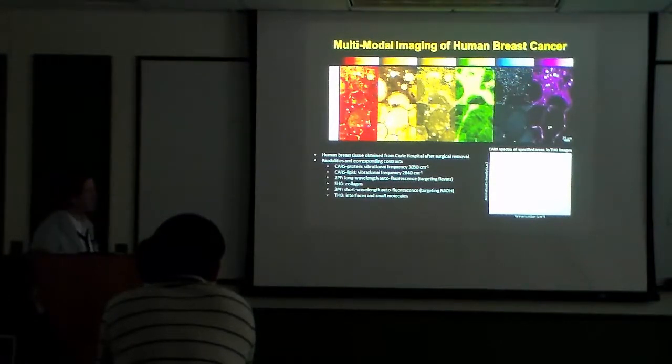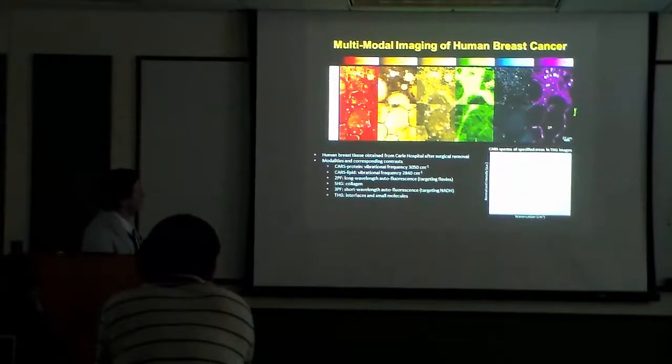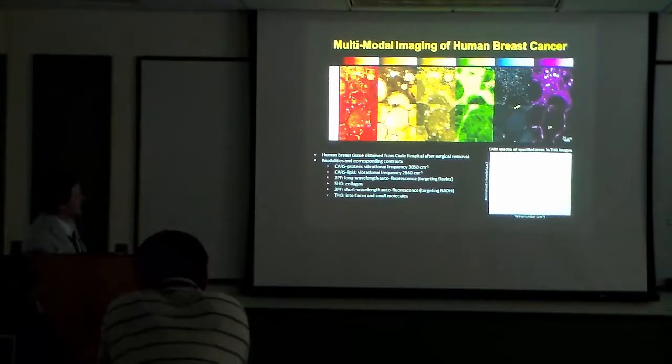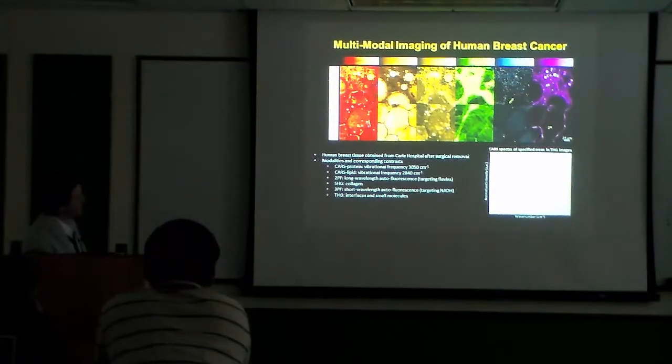So you can go into higher orders here, weaker signals, but new information. This is looking at breast cancer tissue, and we can see that between normal breast tissue and tumor, there are distinct differences in structure and different features. Even in this three-photon fluorescence, we see different features.